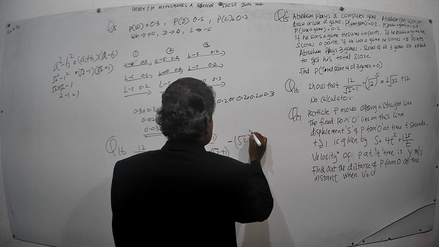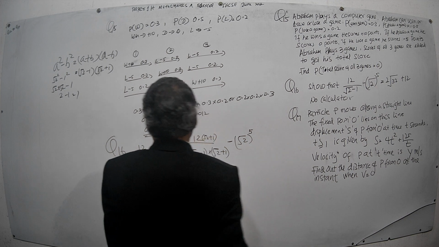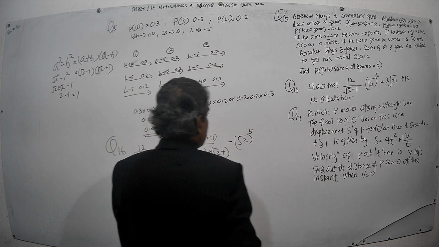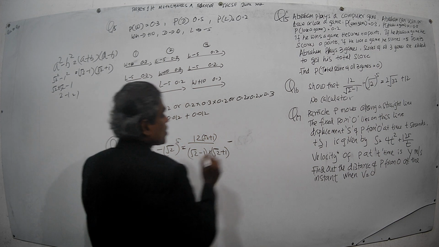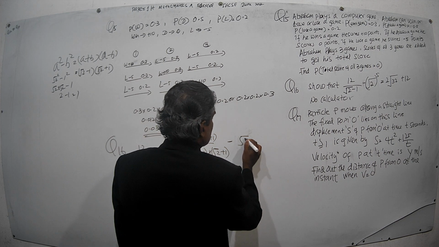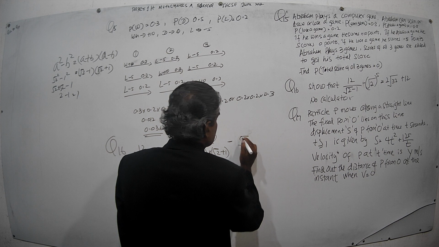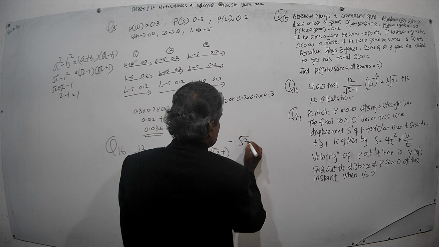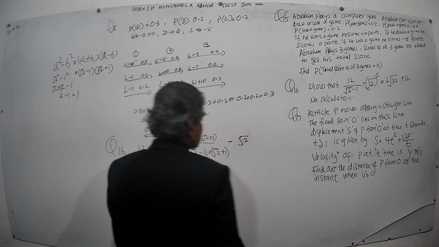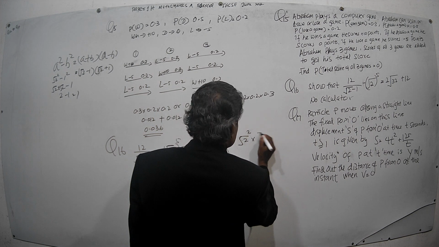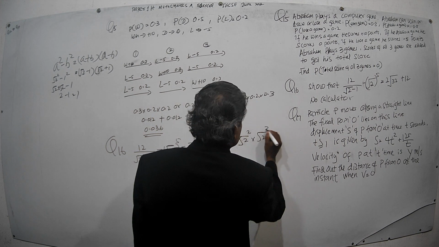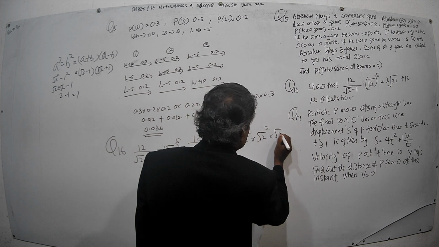Then you can write the other part of this, square root 2 to the power of 5. This one we can write as square root 2 to the power 2 into square root 2 to the power 2 into square root 2.